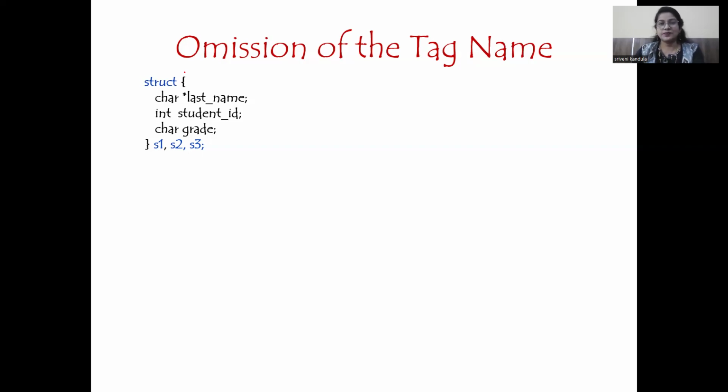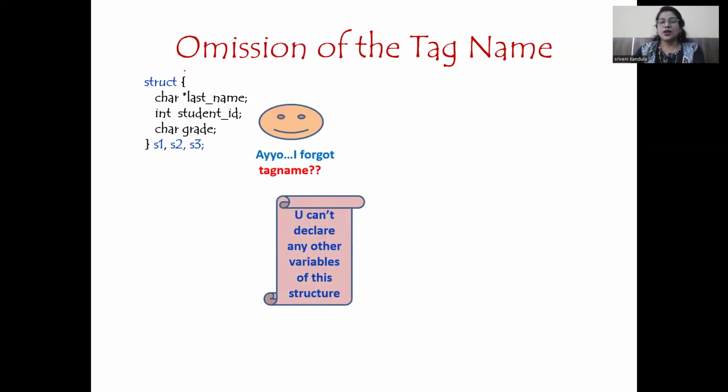But you cannot declare any other variables of this particular structure. At a later part of your program, if you want to add on to any other variables, it is not possible. You have to finish your job using only these three variables, S1, S2, and S3. So what can we do?